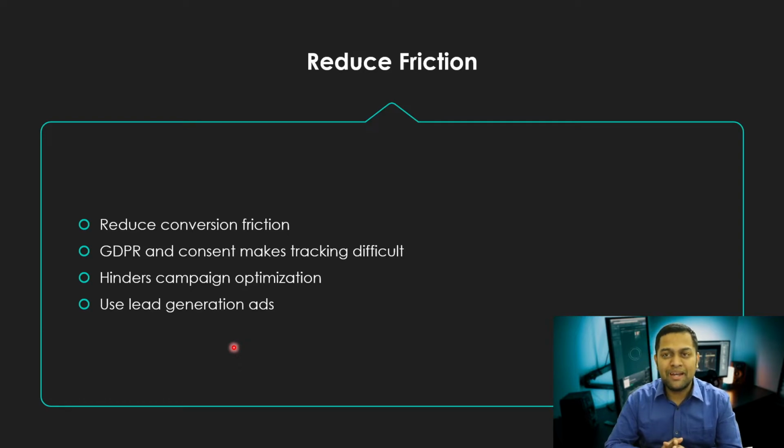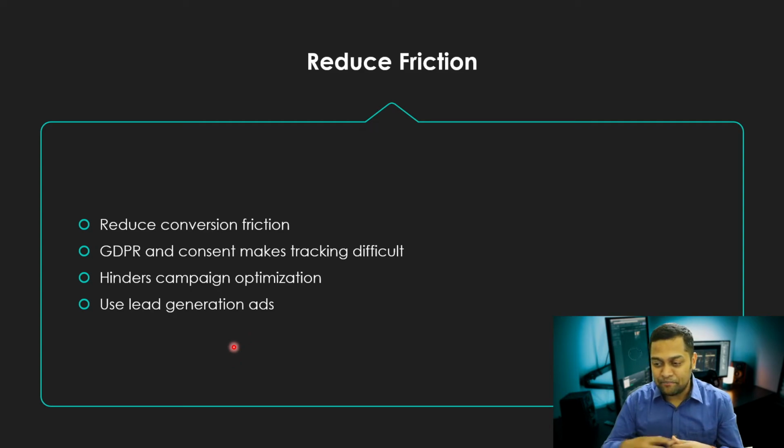What I mean by that is, when you are running a normal traffic campaign, replace that with a lead gen form. Basically, most of the questions are pre-filled. So let's say you are right now running a traffic campaign to your landing page, and there is a form that your audience needs to fill in return for something. Instead of that, run a lead gen campaign.